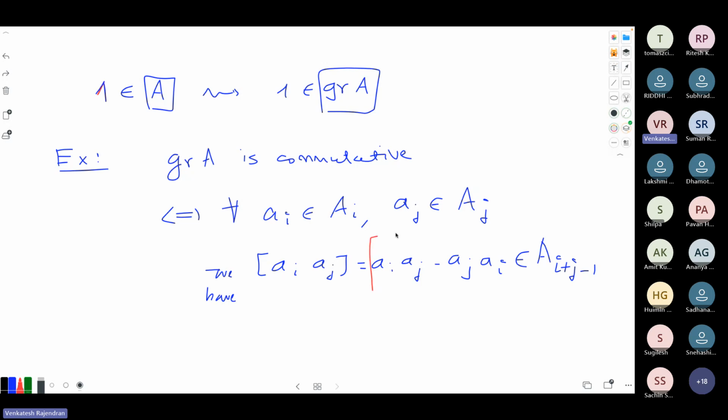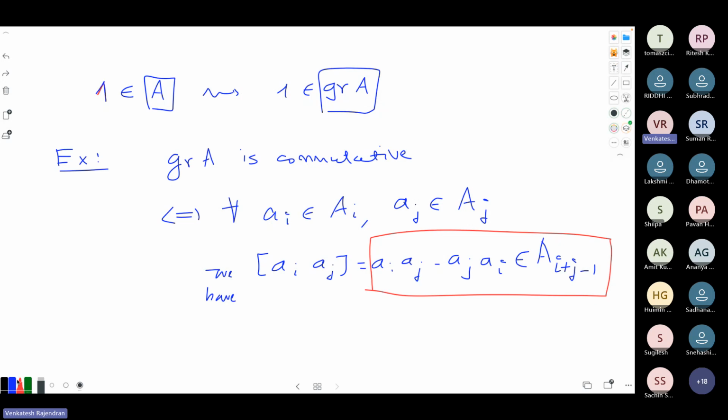So whenever you consider this commutator, it should lie inside the lower filtered space. Then it's guaranteed that whenever you take the corresponding product in the graded algebra, gr A, it must be commutative. So this is something easy to see.